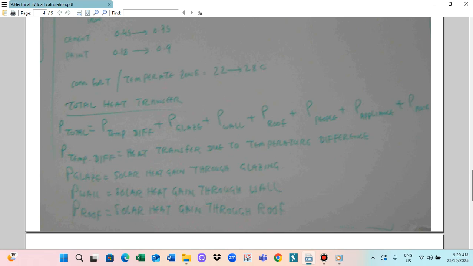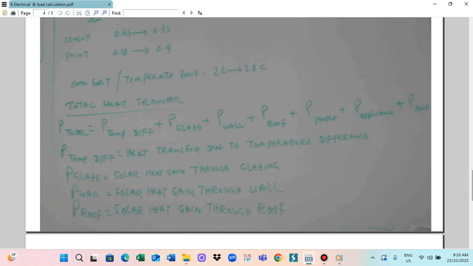So heat gain and heat loss pass through the doors and windows due to the temperature difference, and there is also heat gain from the wall. You also have to calculate the heat gain from the roof, the window, the appliances, and the auxiliary heating and cooling.